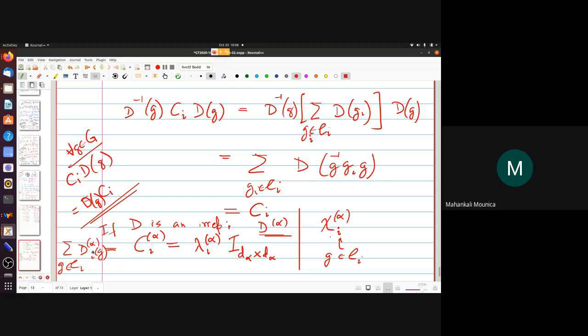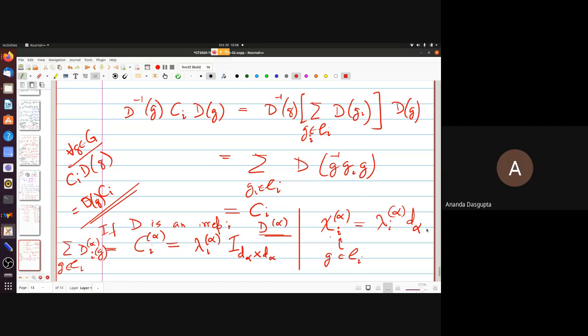Lambda I alpha d alpha, okay. Anybody with a difference of opinion? Could you explain why you are saying lambda I alpha d alpha?